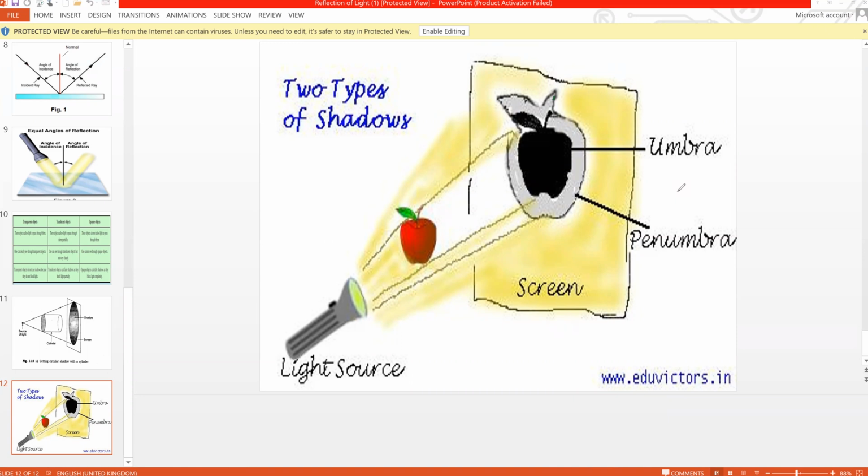A region without light is created, and it is called a shadow.